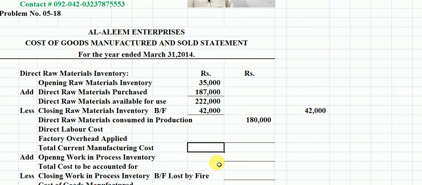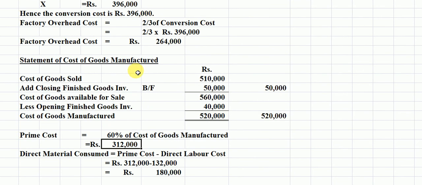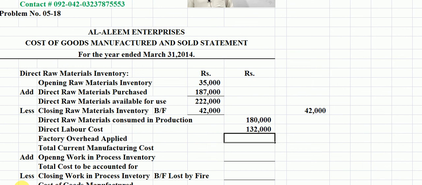Now we have direct labor cost of 1,32,000 rupees, and the factory overhead is also found, which is 2,64,000 rupees. Now we add three values to find the total manufacturing cost.